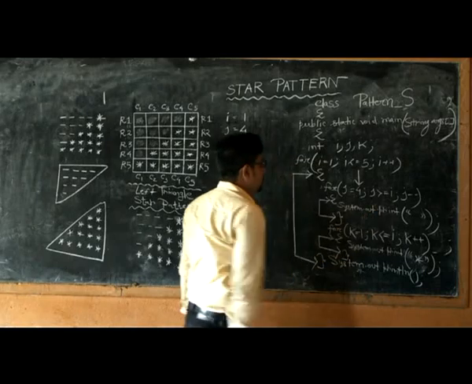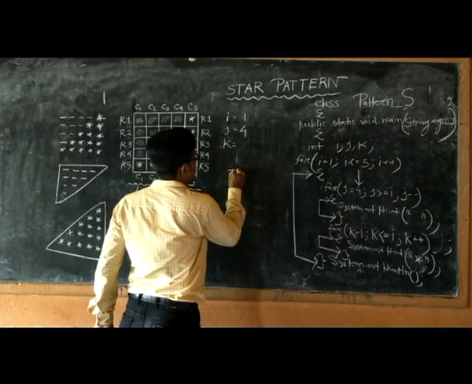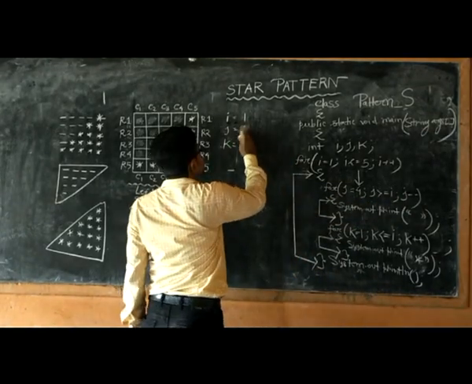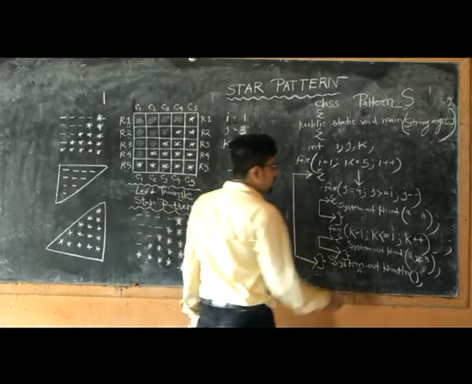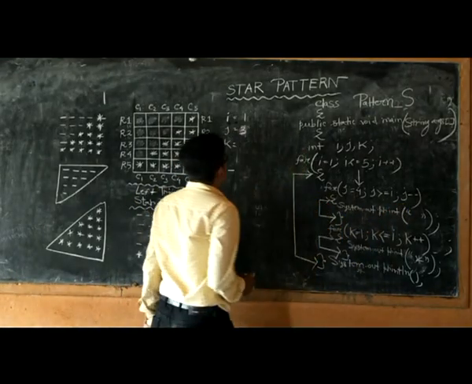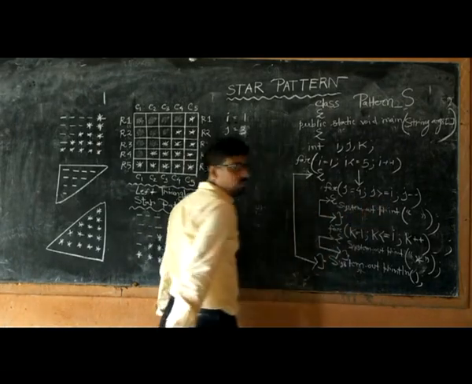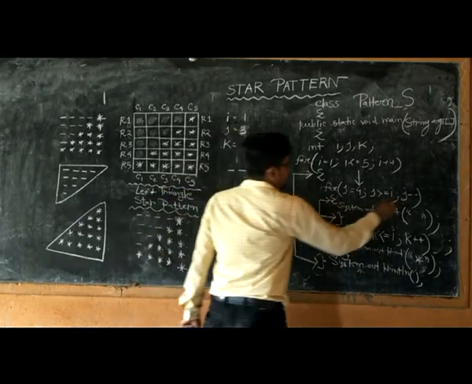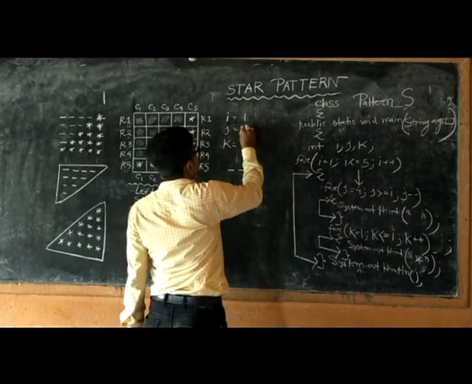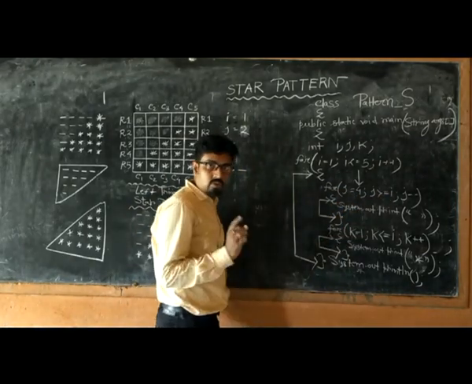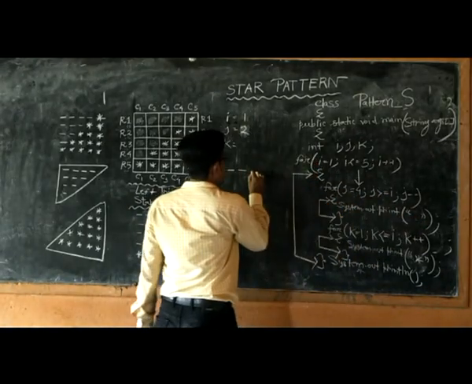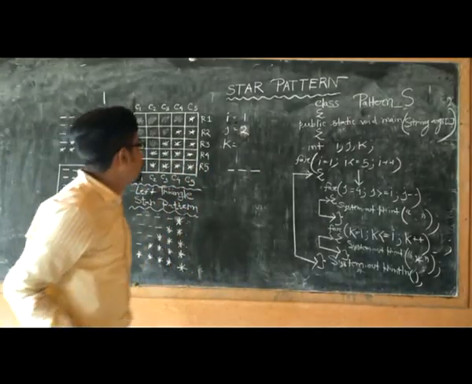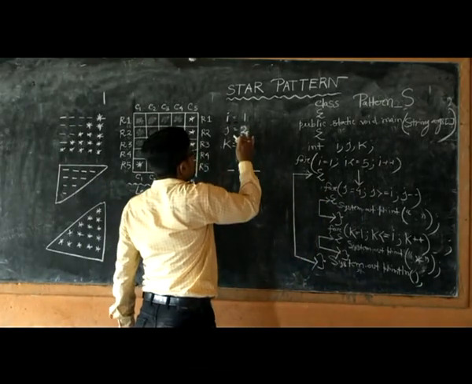Then it will come here and print one space. j--, now j becomes 3. 3 >= 1, condition true, so it prints one more space. j-- makes j 2. 2 >= 1, condition true, print one more blank space. Again j--, now j becomes 1.